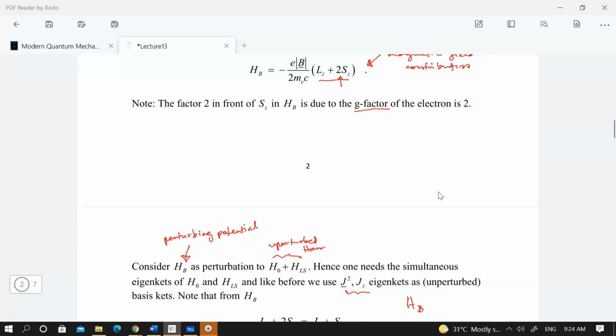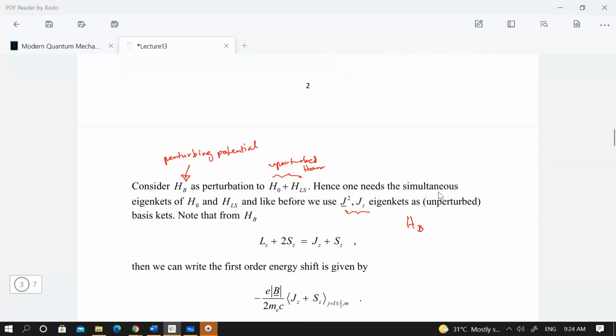But since there's a factor of 2 over here, I can combine one of the spin angular momenta here with that orbital angular momentum to form your total angular momentum, and that leaves just an extra piece which comes from the spin angular momentum.